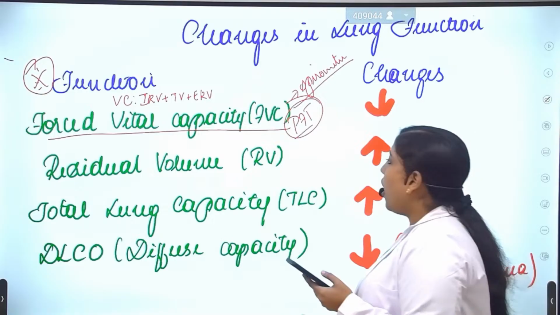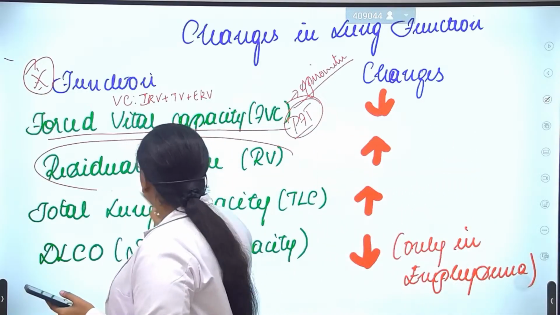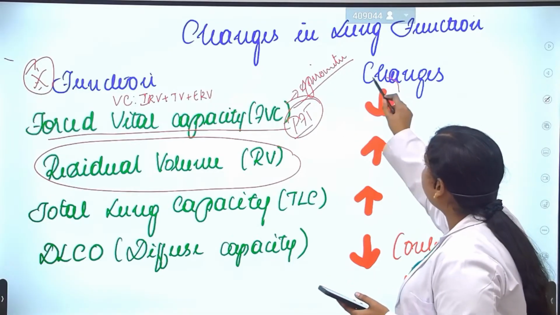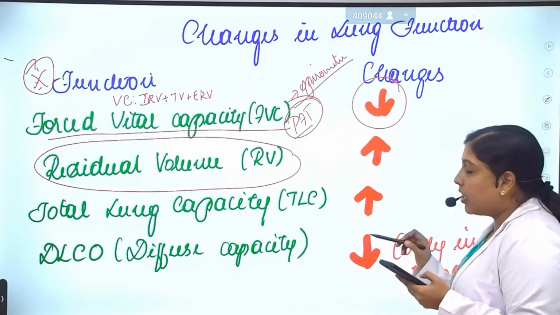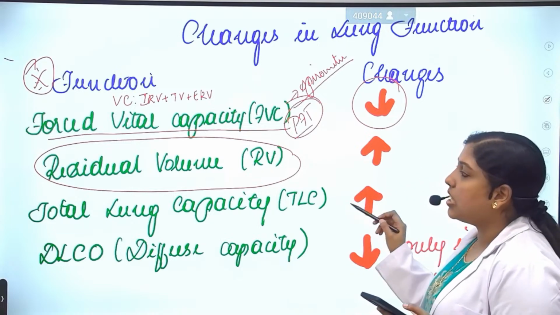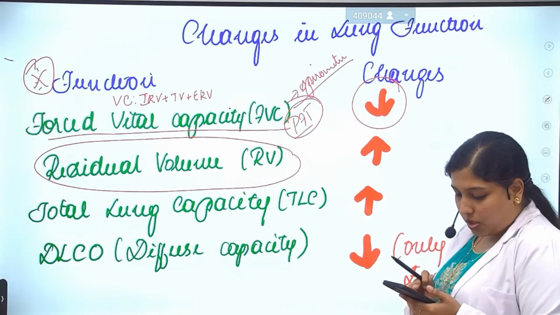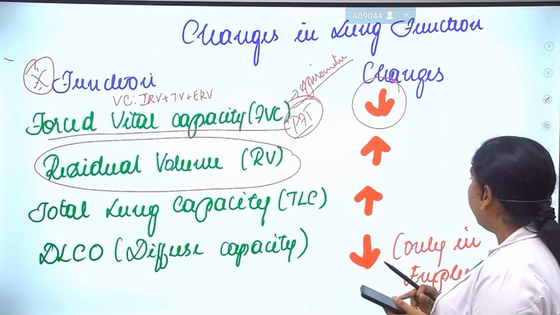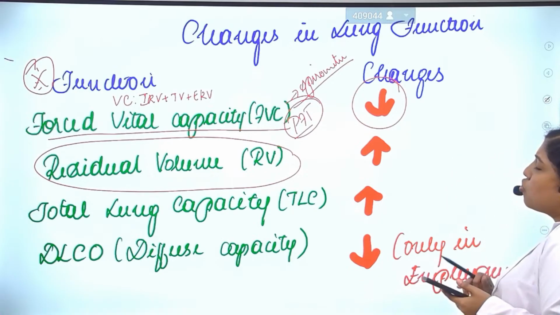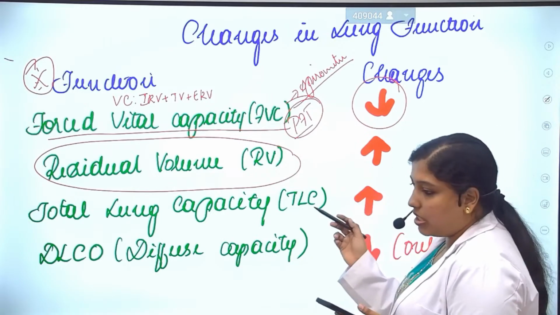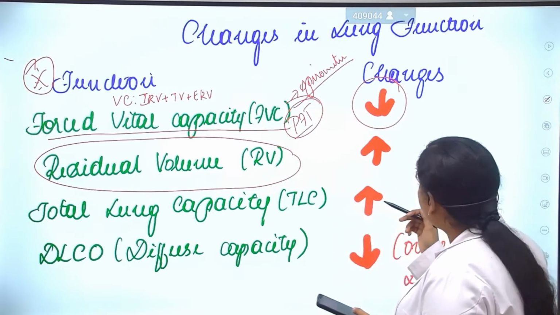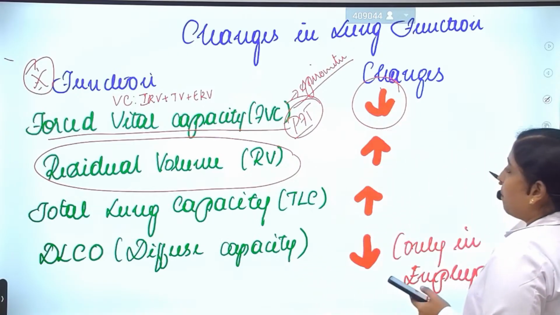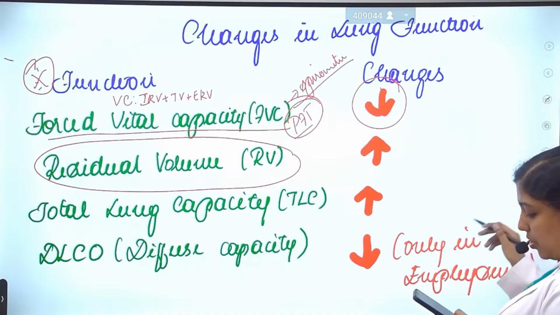Next, you have the residual volume. First we have to see the changes which are happening, because the forced vital capacity is decreased in case of COPD. It is not always classically decreased.